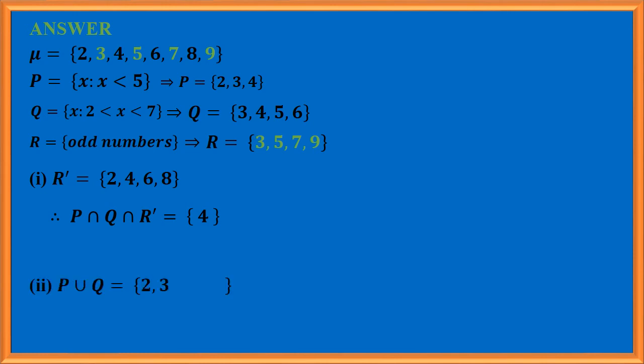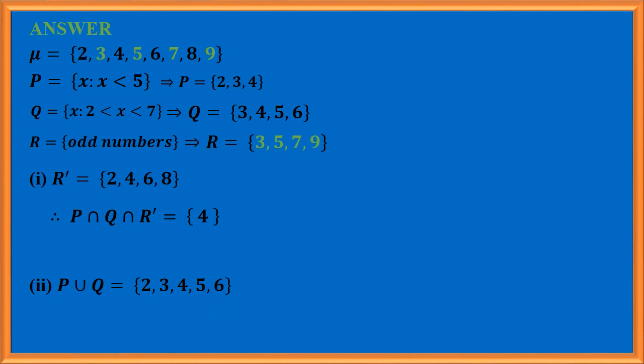Then for Roman numeral 2, to find (P ∪ Q) ∩ R', we first of all need to find P ∪ Q. And P ∪ Q will be 2, 3, 4, 5, 6. We combine the elements. So I have 2, 3, 4, 5, 6.